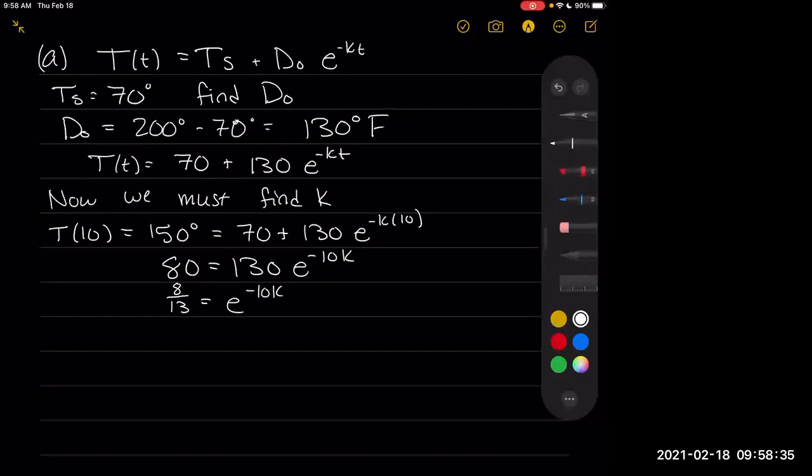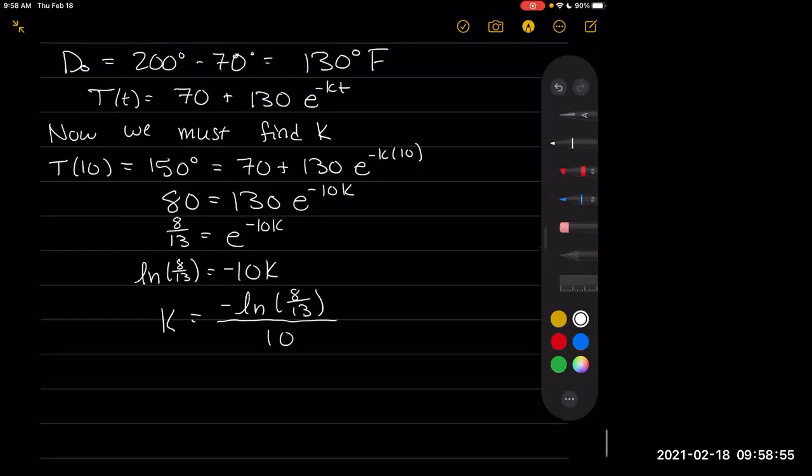And now we're going to take the natural log of both sides. And now we're going to divide both sides by negative 10. So we end up with k equals negative the natural log of 8/13 over 10. Plugging this into a calculator, we find that it is approximately 0.04855.